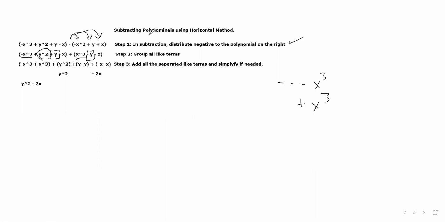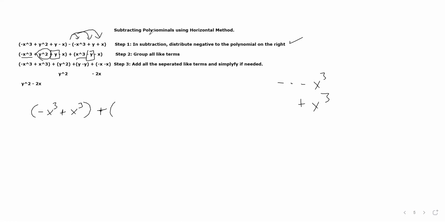I'm trying to underline, or set apart all of them, and then now I know to group them together. So the first one should just be negative x cubed. And then there's another one, which is a positive x cubed. It's positive because I distributed the negatives to it, and it just happened to make it positive, right?